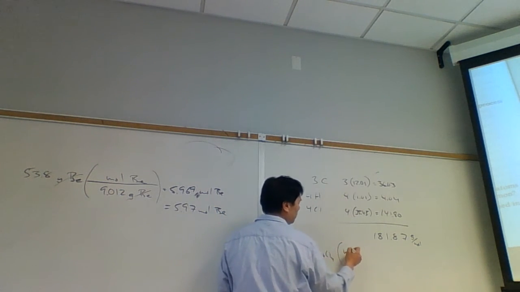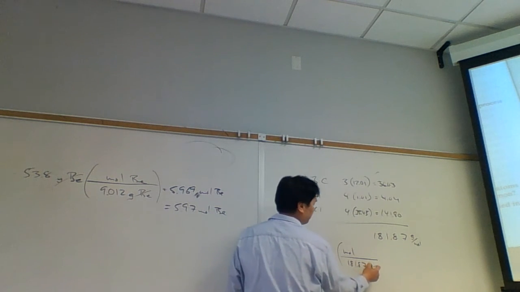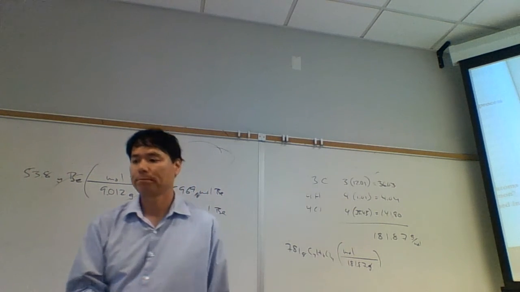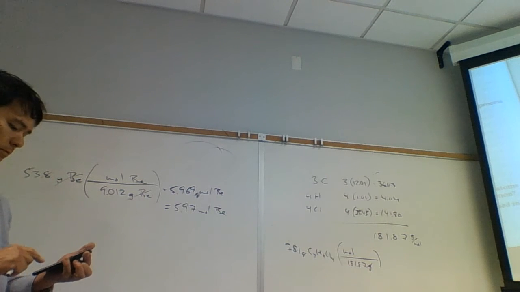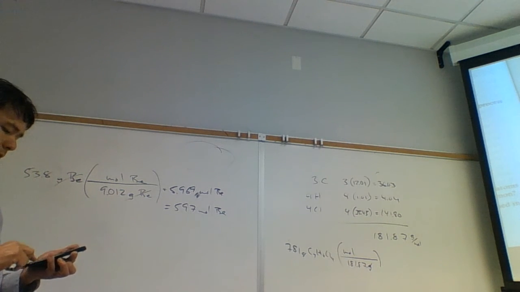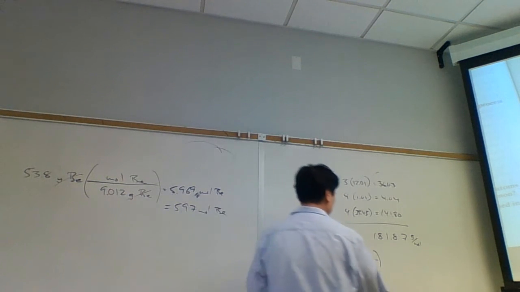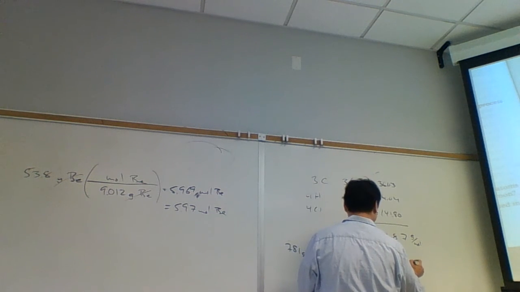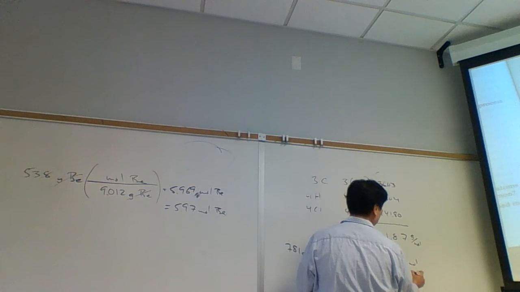And for every mole of molecules, it weighs 181.87 grams. And that gives you moles of molecules. And so what does that come out to? That comes out to 781 divided by 181.87, which is 4.294 moles, which is 4.29 moles.